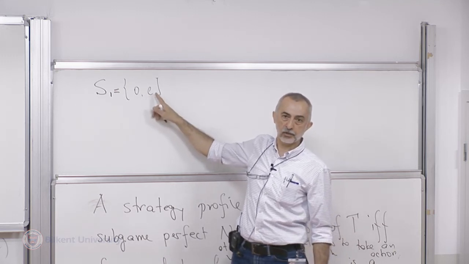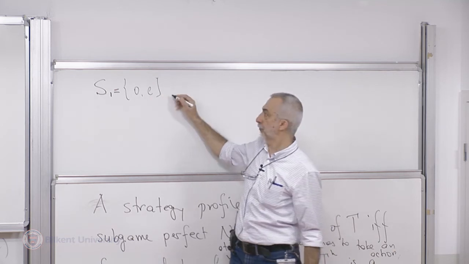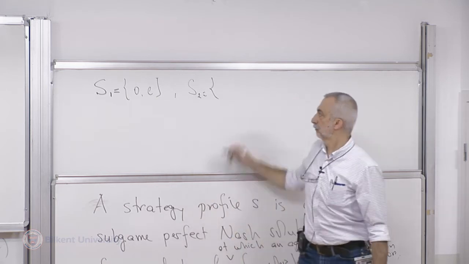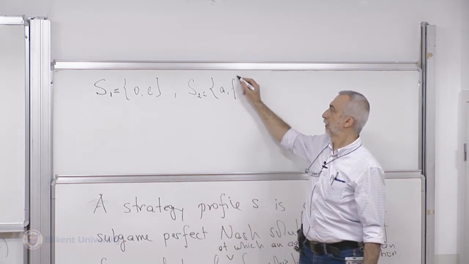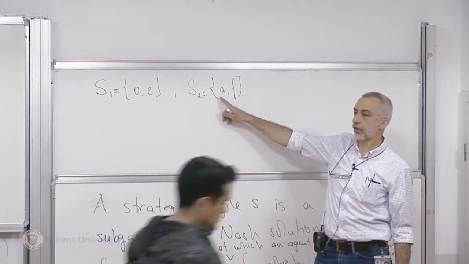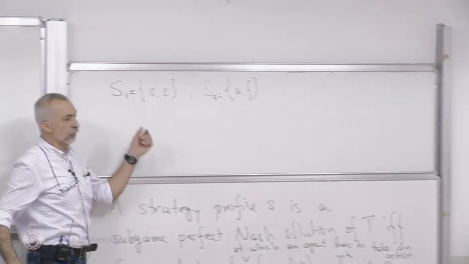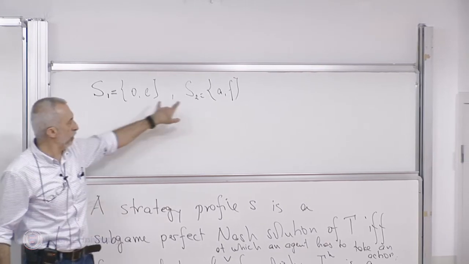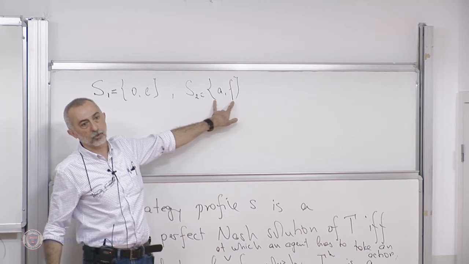So it was a plan. It's not an action, it's a plan of action. And S2 is A, F, which was take the action A, that is accommodate, for a tuple whose first element is from this set and second element is from this set, okay?